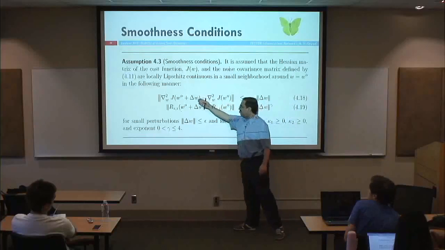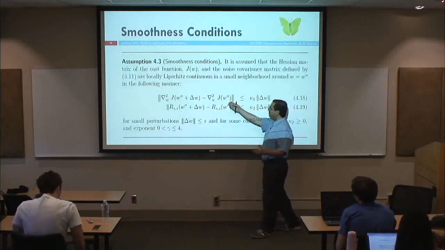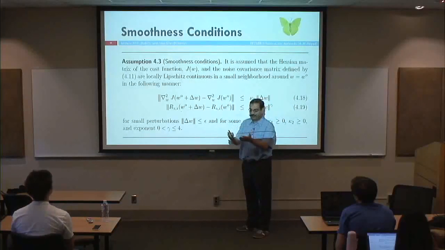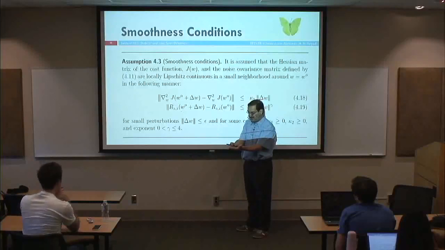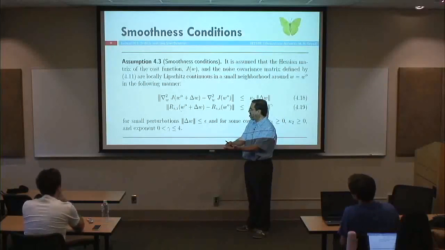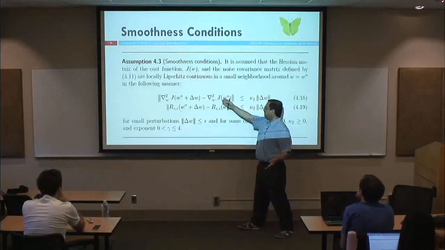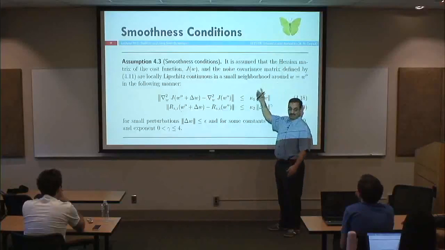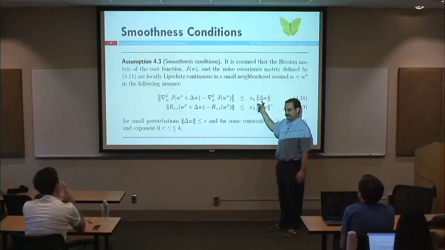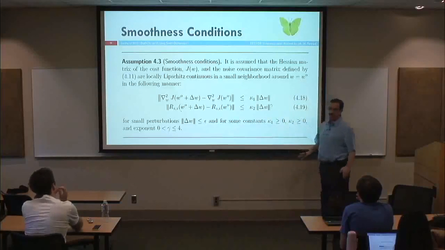That let's assume that the Hessian also, this is essentially saying that your function is smooth enough around the solution. If you are a little bit away from the solution, it doesn't necessarily mean, right, that the Hessian is changing in a drastic way. It's changing in a controlled way, okay? Fine. These I call smoothness conditions.